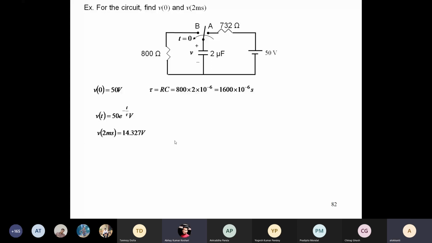Sir, in the assignments or the tests, what is the accepted limit of error in the decimals? You should try to give the accurate value. But some calculation error might creep in. We will understand from your answer whether it is correct or not. With a little bit of change, we give the full credit. Okay, sir. Fine.